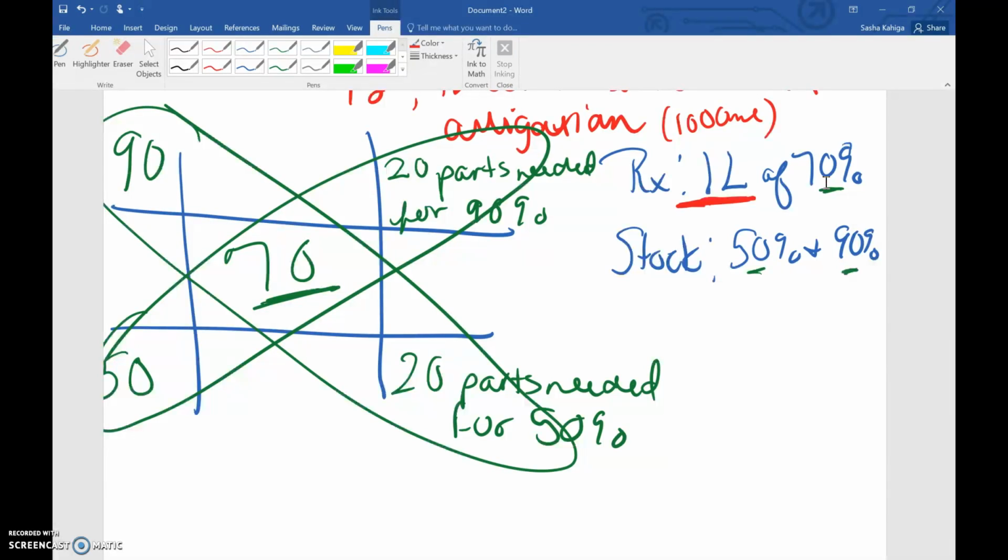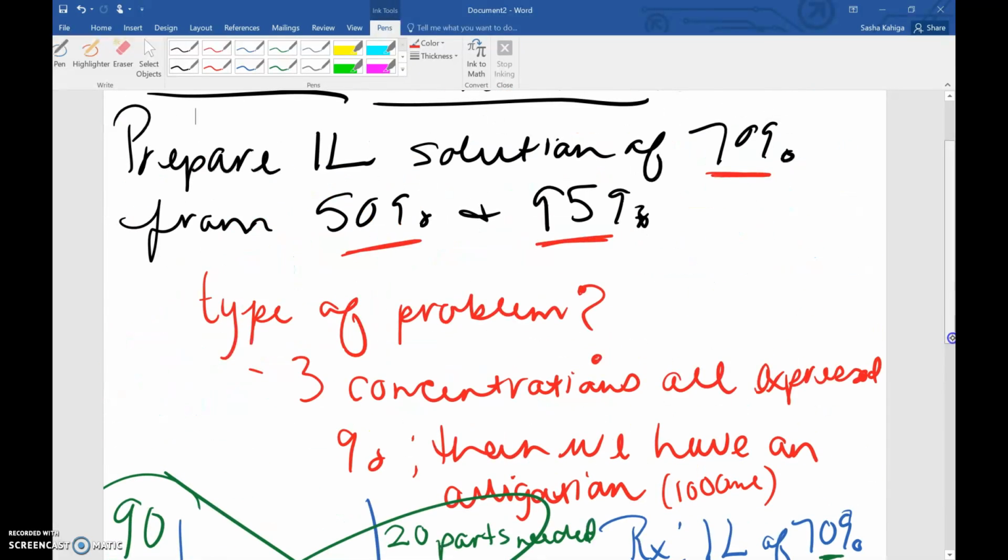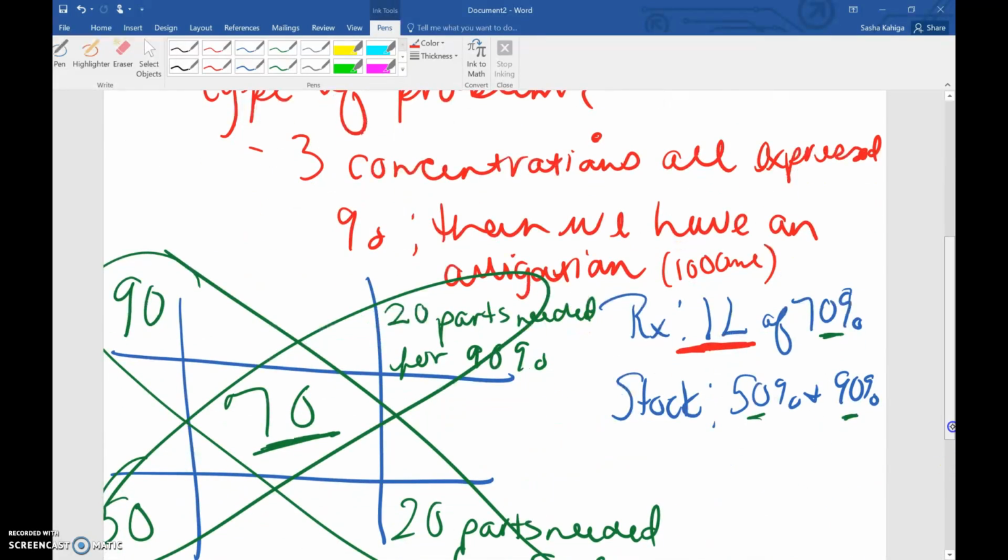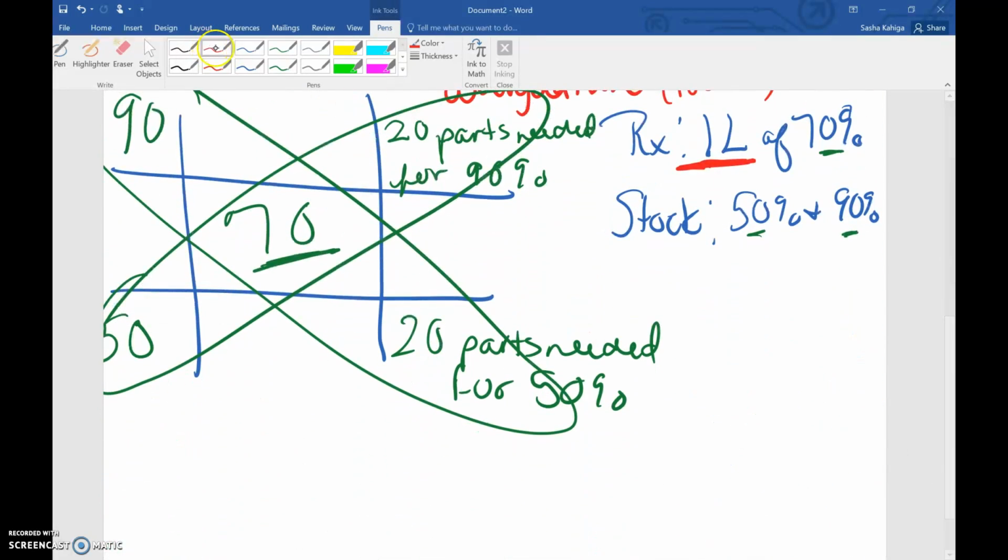So your next step is that you have to get your total parts. So I am going to determine my total parts, which is 40 total parts, because 20 plus 20 is 40.